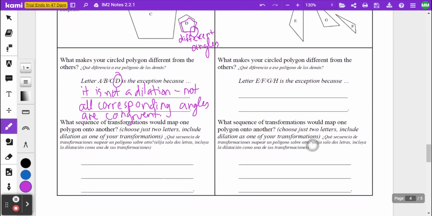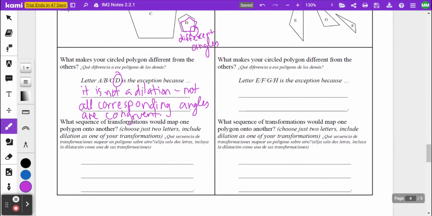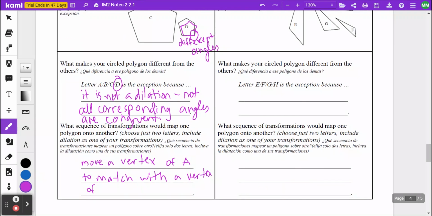All right, now let's do a sequence of transformations that would map one polygon onto another. So I'll move A to C. I'm going to move a vertex of A to match with a vertex of, what was it, C?